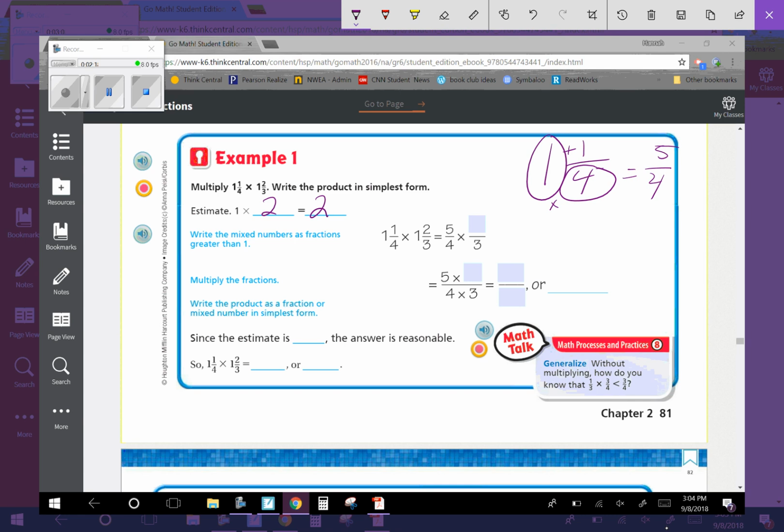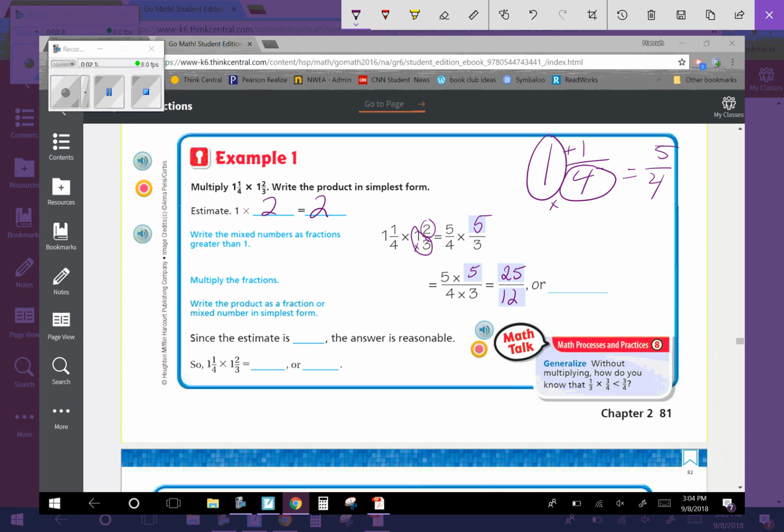And then for this one, I'm going to take 3 times 1, which is 3, plus 2, which is 5. So it turns into 5/3. And now that I have 5/4 and 5/3, I'm going to multiply across. So 5 times 5 is 25. 4 times 3 is 12.